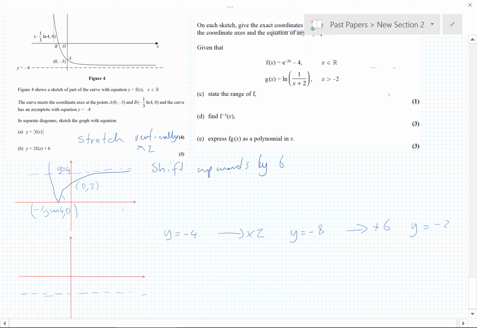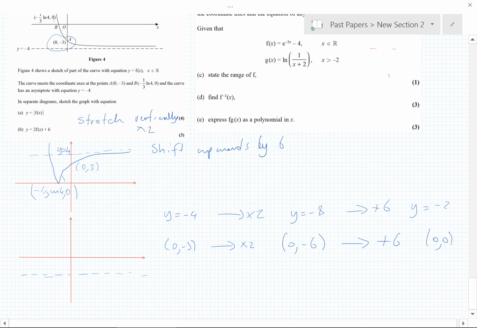Now, the point 0, minus 3, if we times it by 2, that will make the point 0, minus 6, because the x coordinate's not going to change, it's just the y coordinate. And then we add 6, so it's going through the origin.